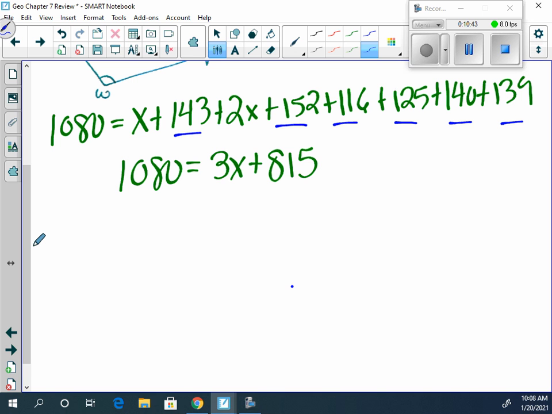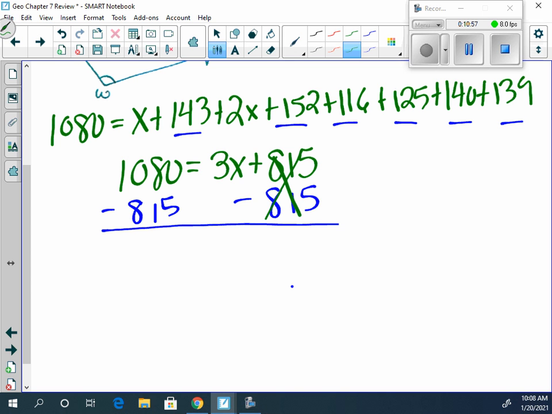Any questions on anything we've done so far? We good with this here? Okay, well now we need to solve for the value of x. So I'm going to subtract 815 from both sides. 815 and 815 will cancel, giving me 3x. If we subtract it from here, we get 265.